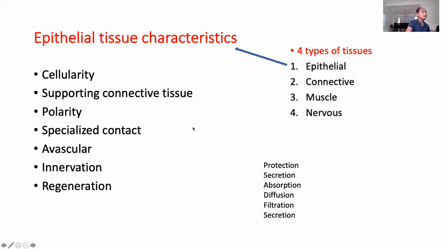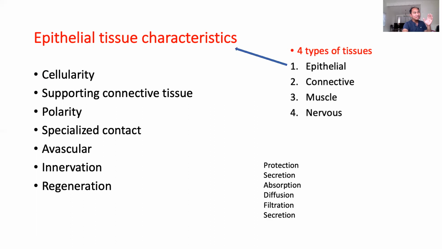The characteristics of the epithelial tissue are, number one, cellularity. As we see, there are loads and loads of cells, and they are sitting on one type of tissue, which is the connective tissue. And polarity: they are exposed to the external environment. That is what we call polarity. That is a very important microscopic feature of epithelial tissue.